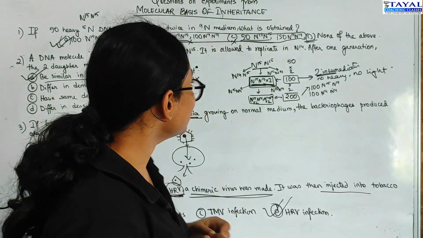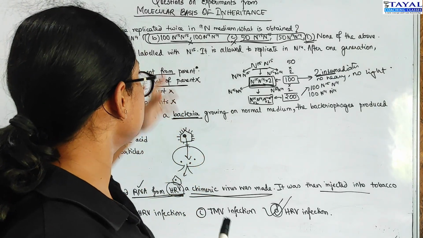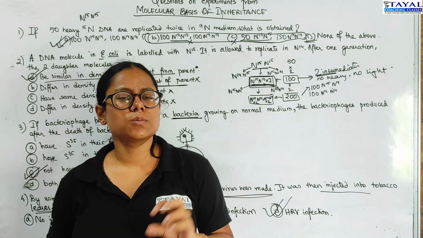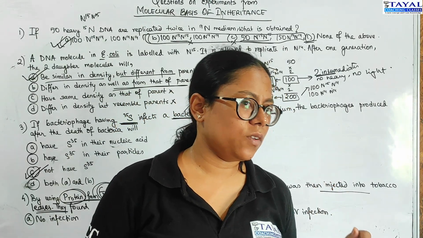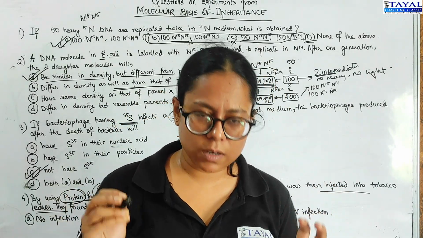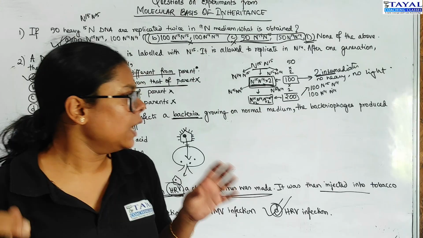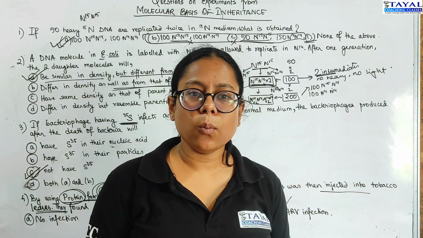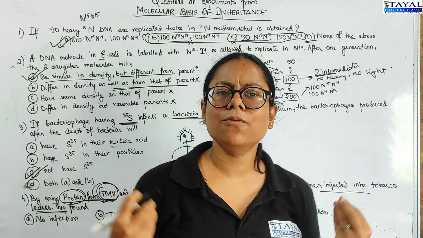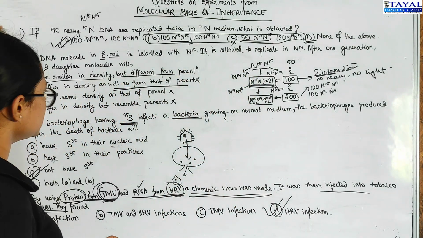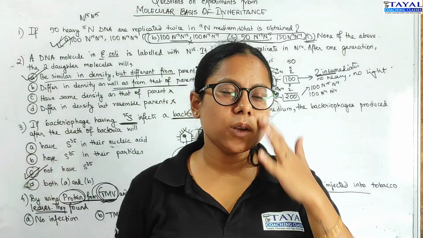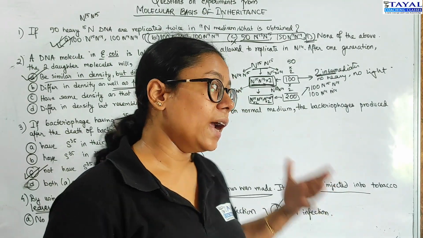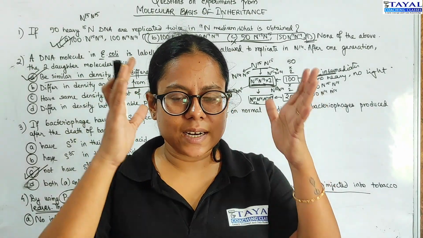Right? So on this chapter, usually the highest weightage is in Meselson Stahl's experiment. But however, small questions from Griffith, from MacLeod, Avery, from Hershey are very, very possible. Another thing that you have to remember when you solve these questions for boards is that wherever possible, you should always give diagrams. So for Hershey, often a question comes where you have to explain why semi-conservative model was accepted. For that, if you look at my video, you will see that I have drawn.